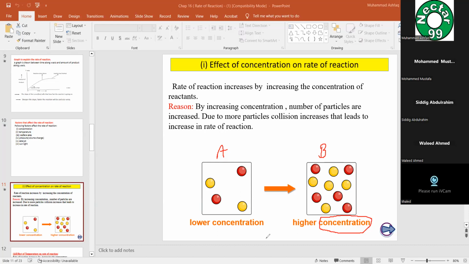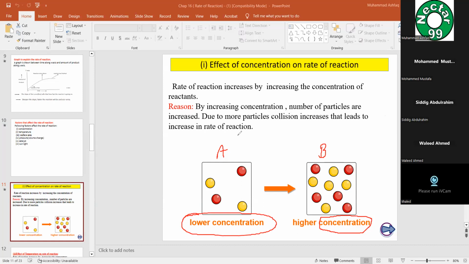If the concentration is low, the chance of collision is minimum, and they will not give you product as quickly. So by increasing the concentration, the number of particles increases, due to more particles, collisions increase and lead to an increase in the rate of reaction. Very simple.